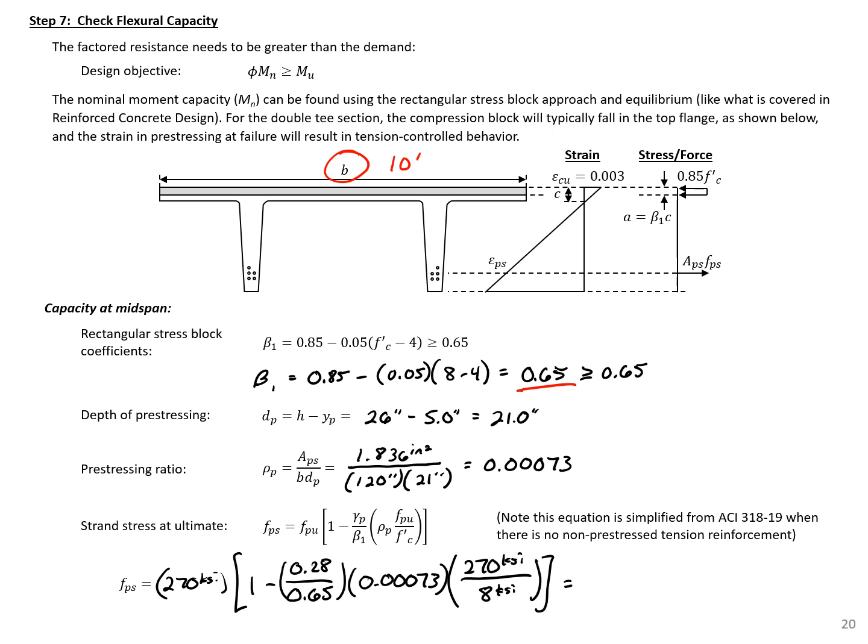So we'll get an f_ps of 267.1 ksi. So this would be the assumed stress in the strand when our section fails.